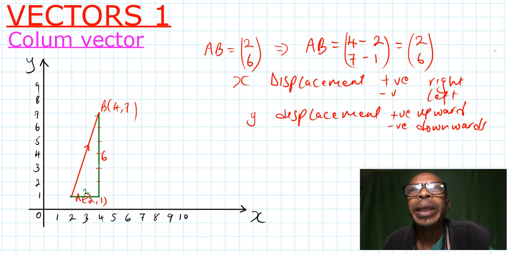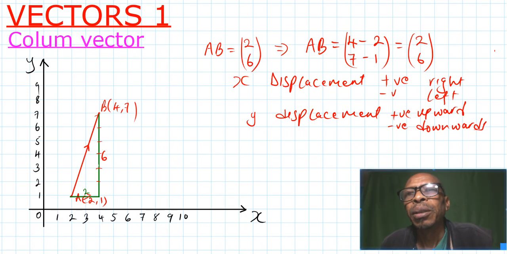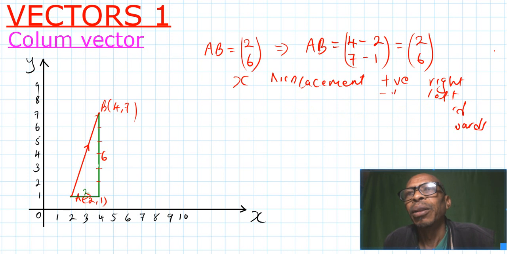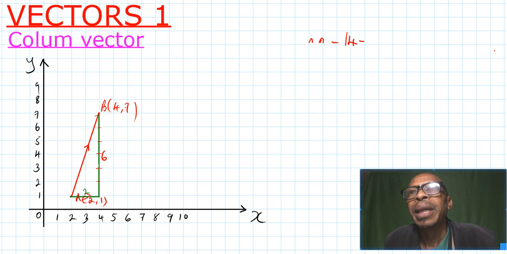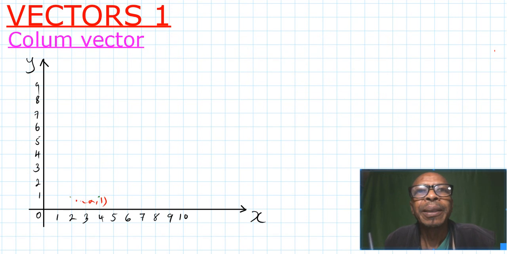Let me use another example to demonstrate this negative and positive displacement. So what we do, we can still use the same diagram. We just make a duplicate of it, and we make two other points. Now let's say we have 2 points.